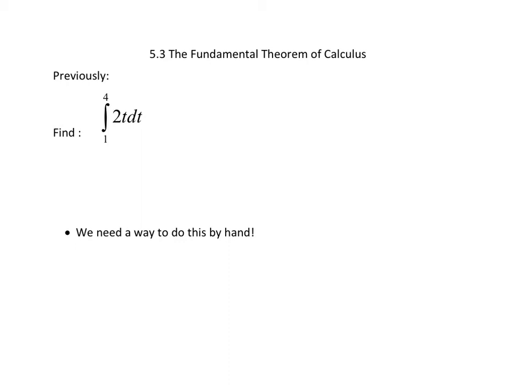But you could plug it in, and your graphing calculator would tell you that this is 15. Well, we're going to talk about a way that we can actually compute this value by hand, and what it tells us about some important relationships that we've previously discussed when we looked at position versus velocity.